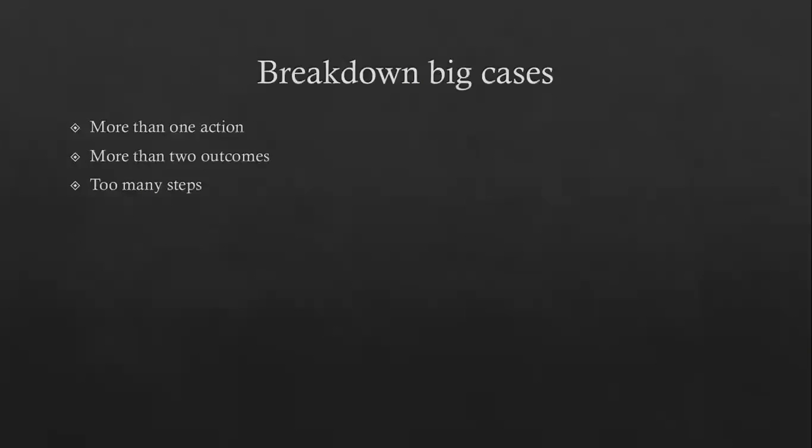And in the end, what happens is now you're breaking down these cases into smaller cases. You focus on the one action that gets you one, maybe two outcomes across. And now when you break that down, you no longer have those test cases with 90 some odd steps. Maybe you have between 6 to 10 steps.